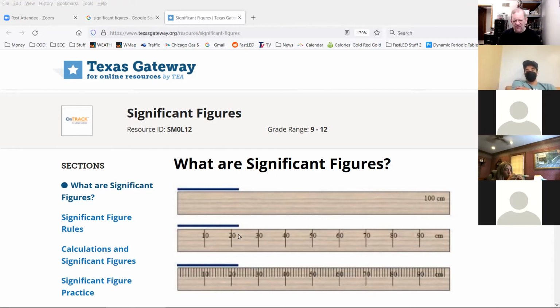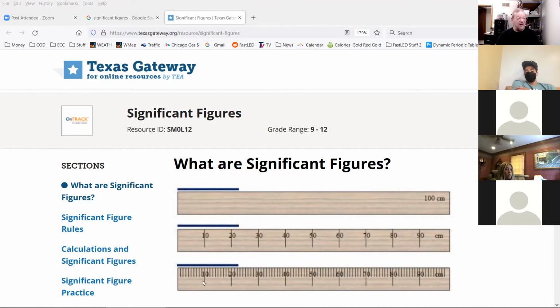Now, the second ruler, I have more definition or it's more accurate. And now I could say, well, that's about 22 or 23. For this, I could only say it's 20 or 30. Here I can say it's 22 or 23, where my second number, 2 or 3, I'm uncertain about. Now, if we go to the bottom one, we can see the line is just past the 22, about halfway between 22 and 23 centimeters.